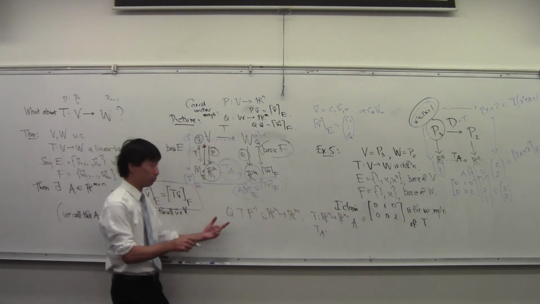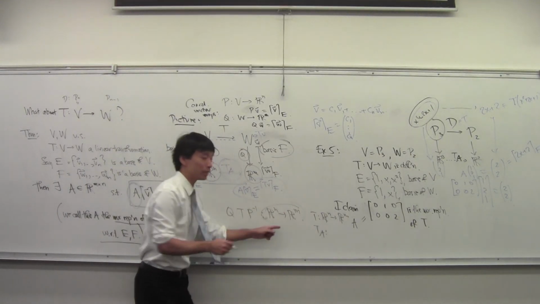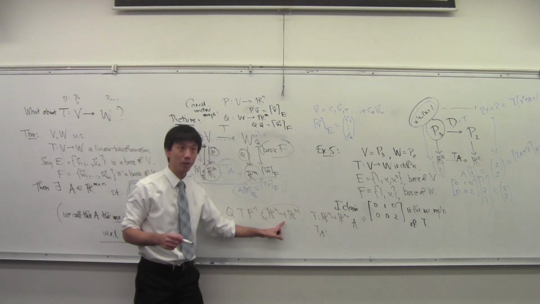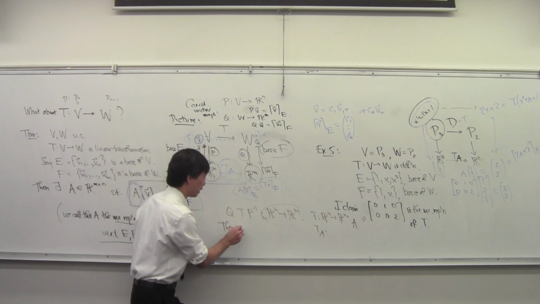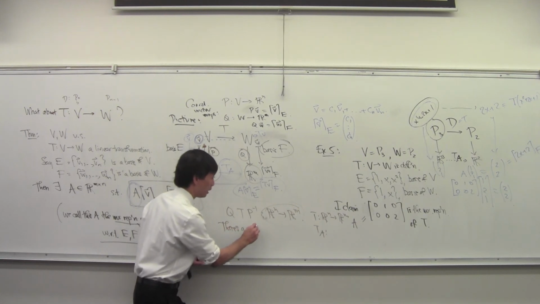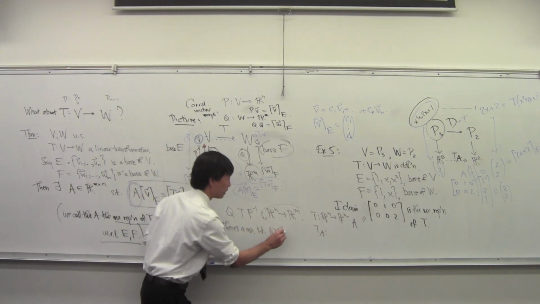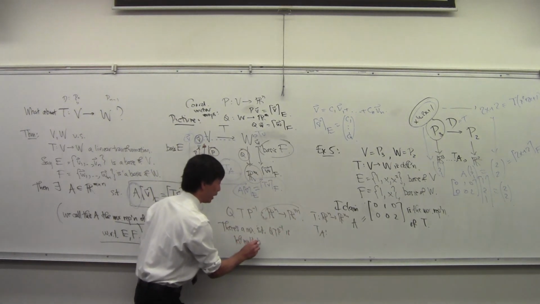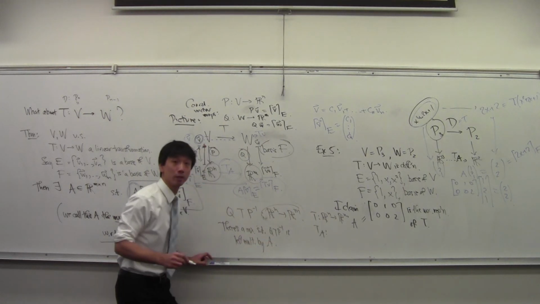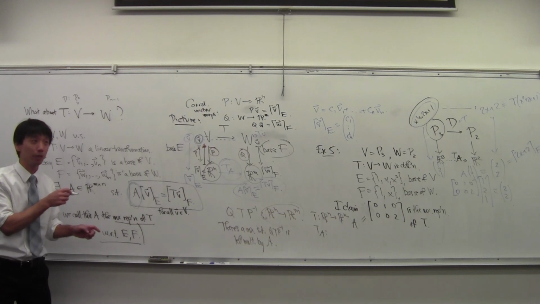So there's a matrix A such that QTP inverse is left multiplication by that matrix A. That's the A we're looking for.